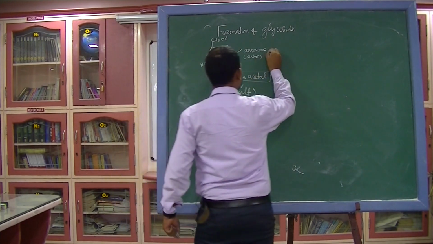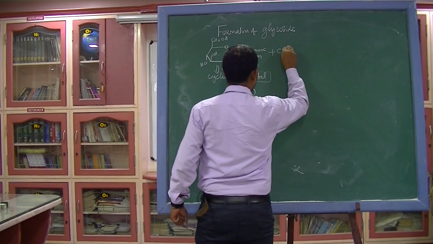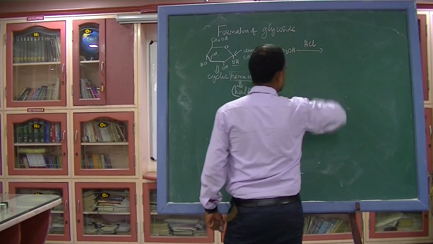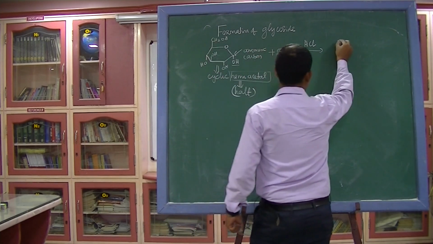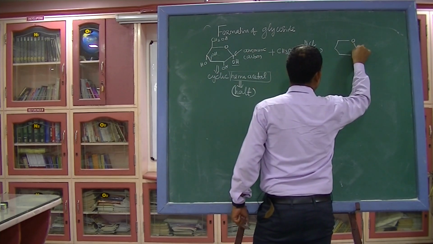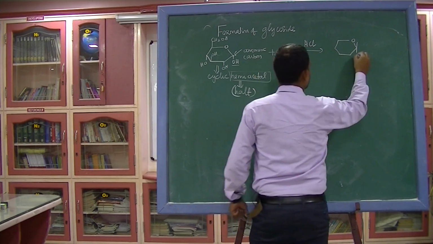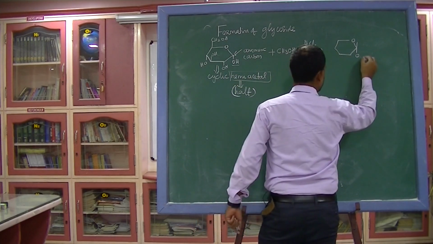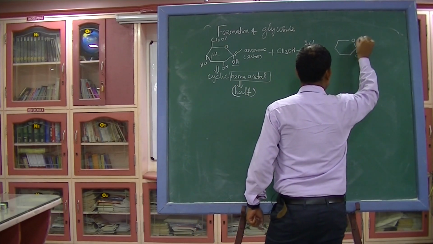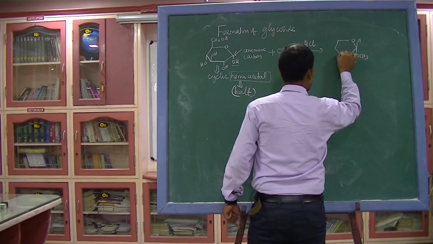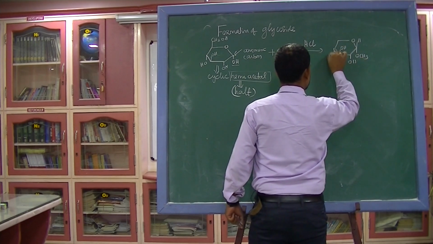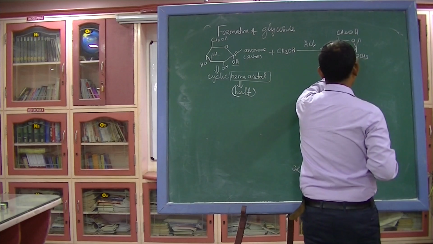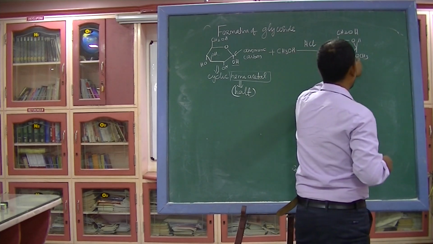So if you treat with any alcohol, particularly a primary alcohol, in the presence of acid, any mineral acid, simply this H will be replaced by this CH3. So OH and OH, this is CH2OH. Now you look at this, instead of OH you have an OR bond.